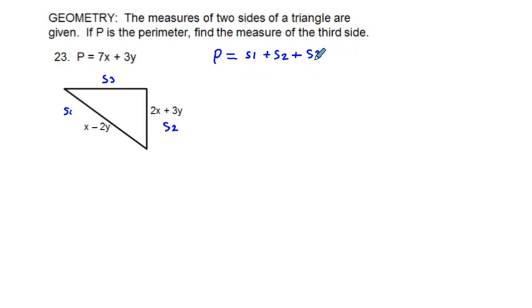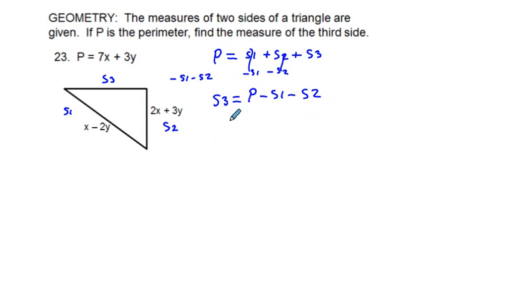And we want to solve for side 3. What we're going to need to do is subtract side 1 and side 2 from both sides of the equation. So side 1 minus side 1 minus side 2, and these will cancel here. So our side 3 is going to be equal to P minus side 1 minus side 2.